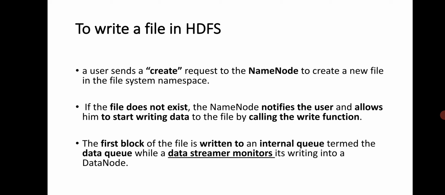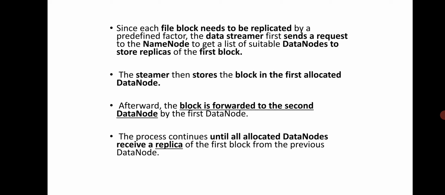The first block of the file is written to an internal queue termed the data queue, while a data streamer monitors its writing into a data node. Since each file block needs to be replicated by a predefined factor, the data streamer first sends a request to the name node to get a list of suitable data nodes to store replicas of the first block.